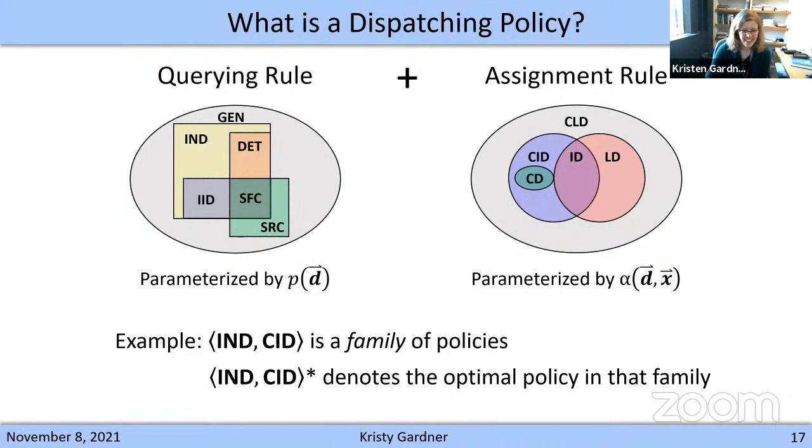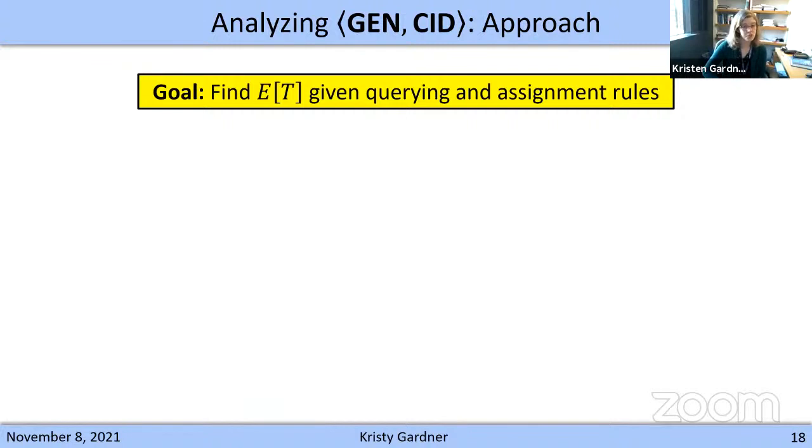All right. So I next want to turn a little bit to our analytical approach. And what we were able to analyze are policies that use any general querying rule combined with a CID assignment rule. So an assignment rule that is using class information and idleness information. Our goal is to find our mean response time given a specific P and alpha.